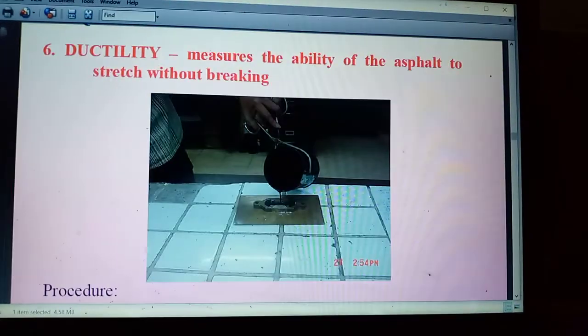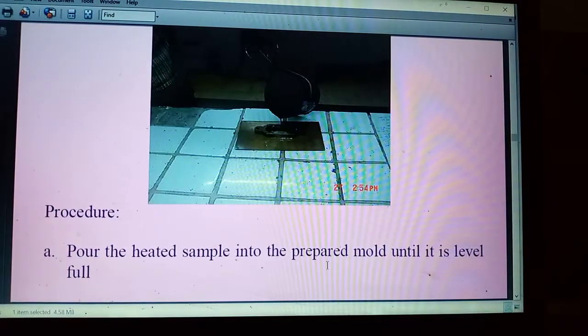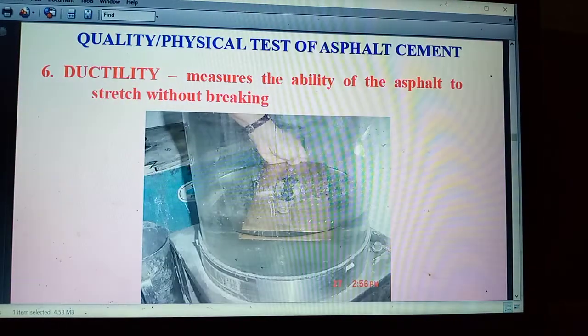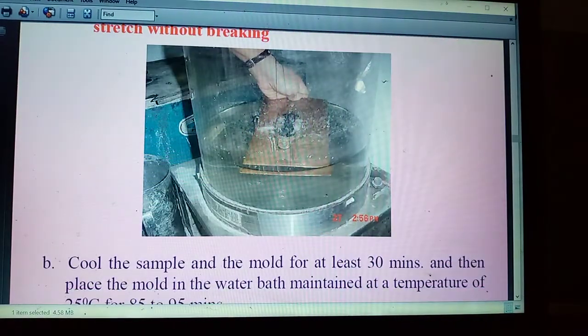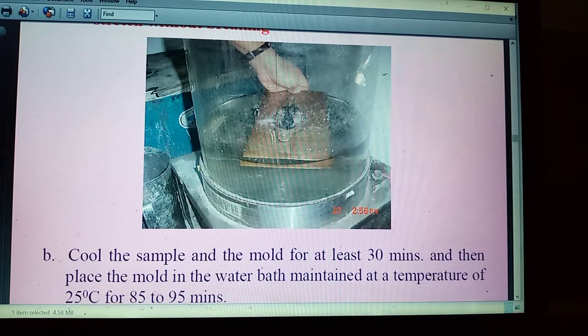Then, yung procedure natin is pour the heated sample in the prepared mold until it is level full. Anong ibig sabihin ng level full? Okay? Puno na siya. Hanggang dito na level. Okay, puno. Then, cool the sample mold for at least 30 minutes and then place the mold in the water bath.